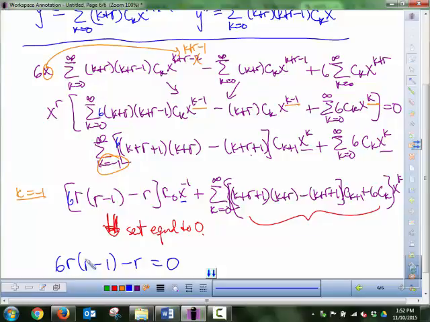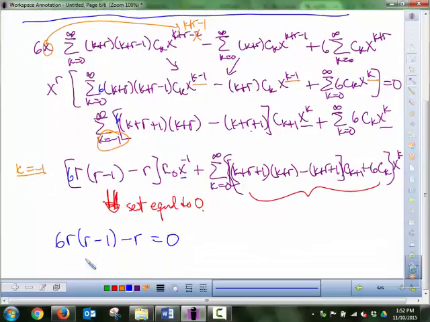So this would make it, it's not exactly like the indicial equation, but if we solve for this, we're going to get r is equal to 0 and 7/6. So the way they do it, the indicial equation kind of pops up as you do your series.